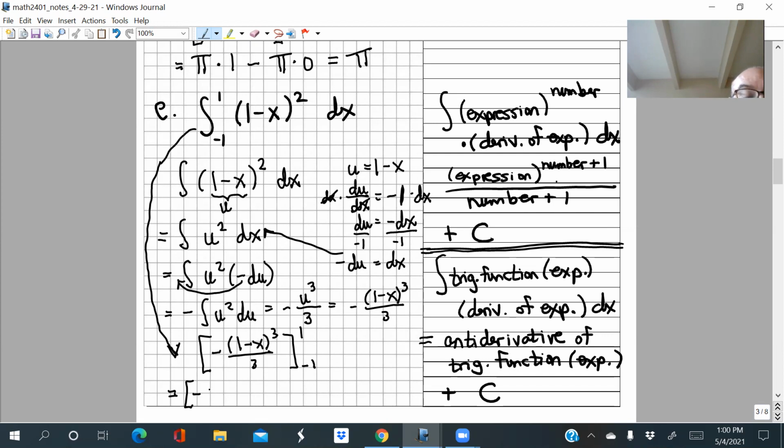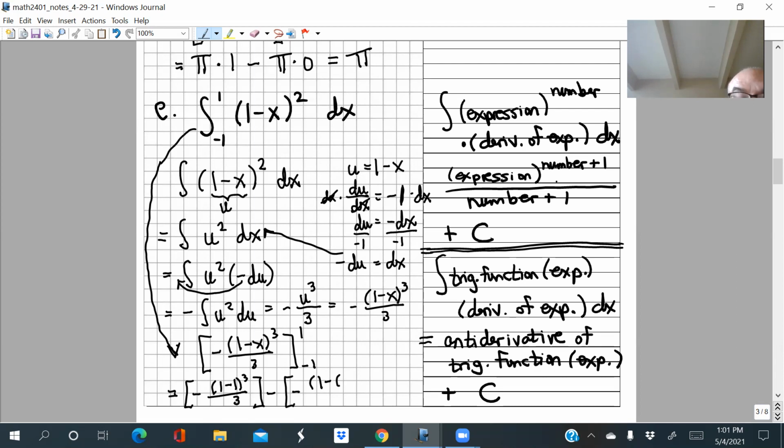So you get minus, and then, that's not much fun, you get (1 minus 1) cubed over 3. So that looks like it's going to end up being 0. Minus, and then here we have to be careful.